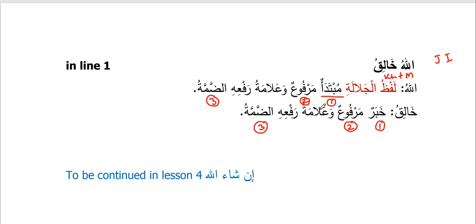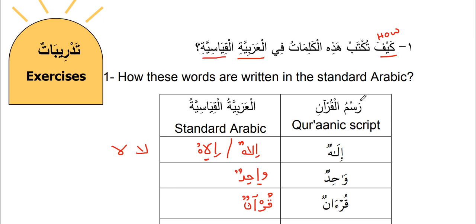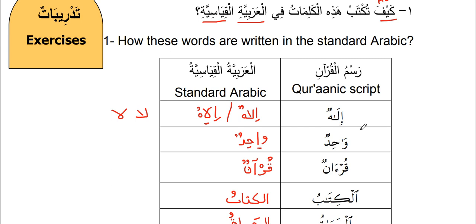Now let's quickly do the exercises here. كيف تكتب هذه الكلمات في العربية القياسية, which means: how do you write these words in standard Arabic? They have given in the first table the Quranic script, meaning the Uthmanic script. So in standard script, how will you write? I have done this for you.